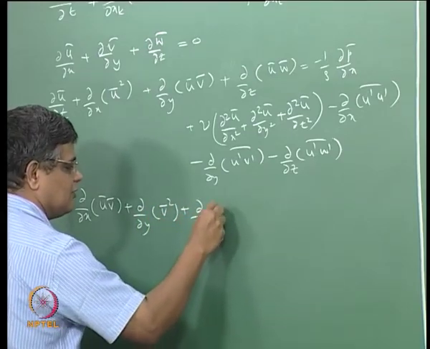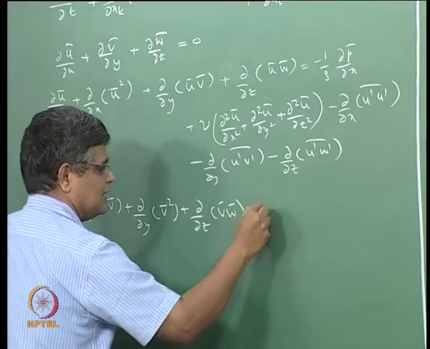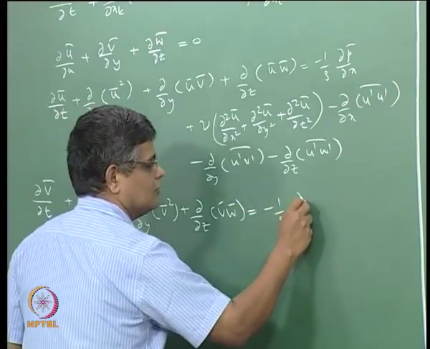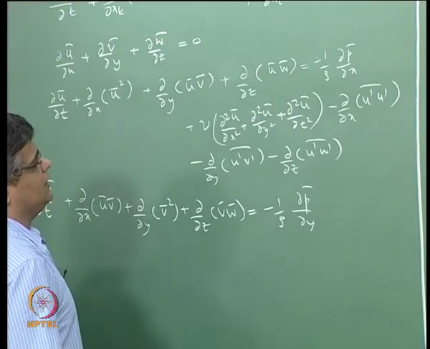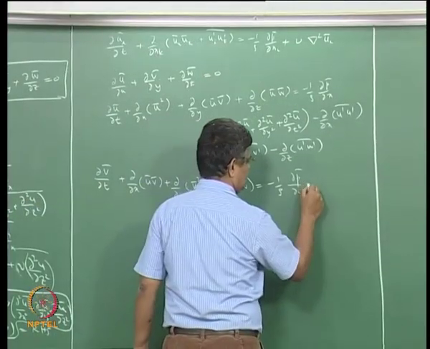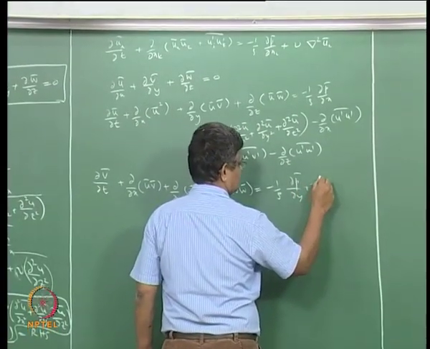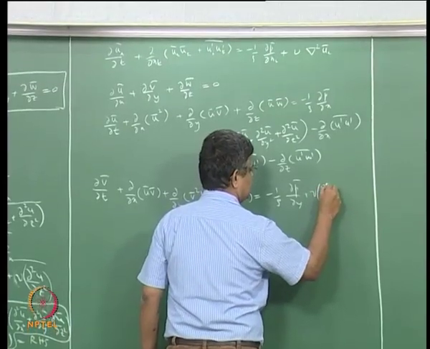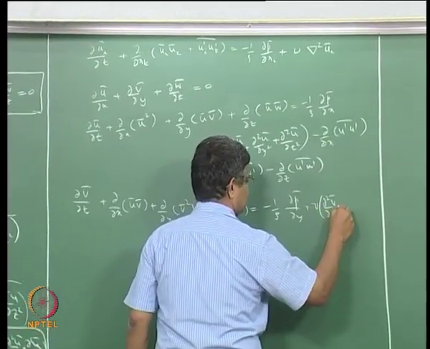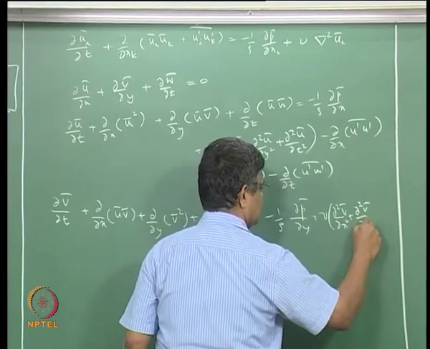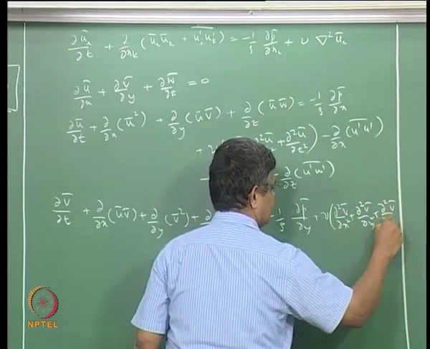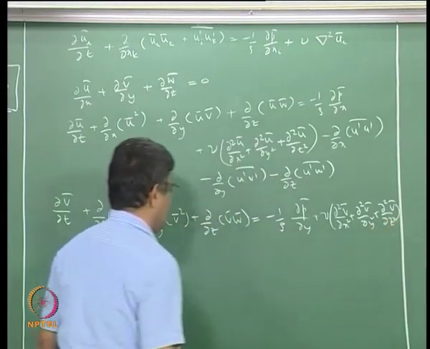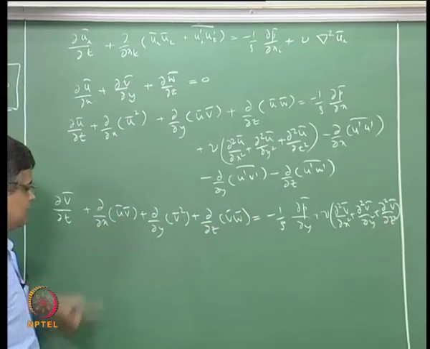Dou by dou z of v bar w bar equal to minus 1 by rho dou p bar by dou y plus nu of dou square v bar by dou x square plus dou square v bar by dou y square plus dou square v bar by dou z square, and the leftover terms from these product terms.